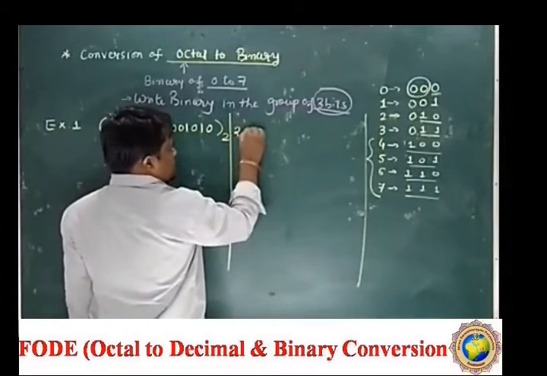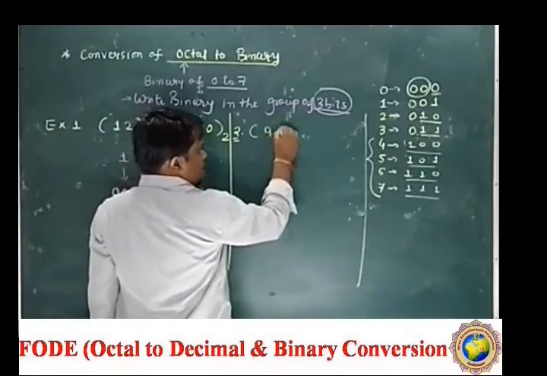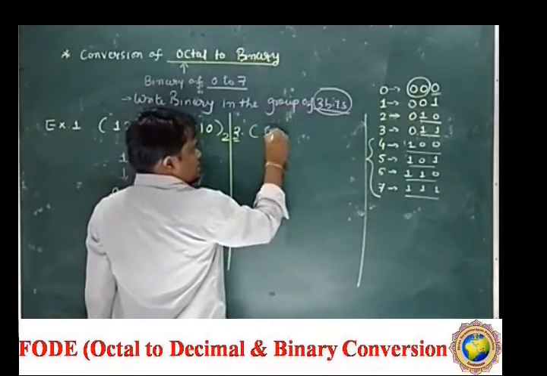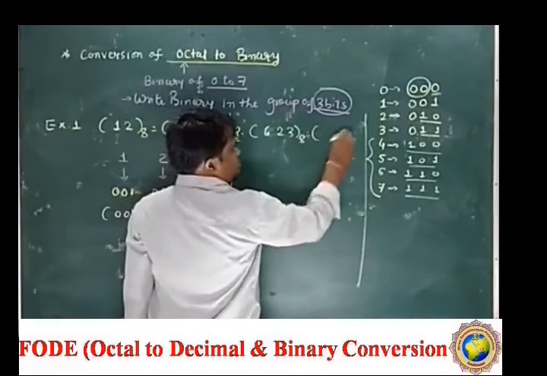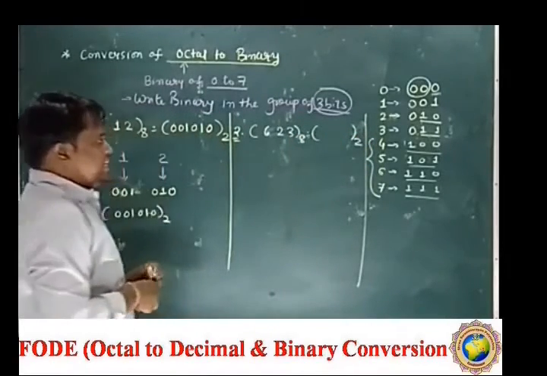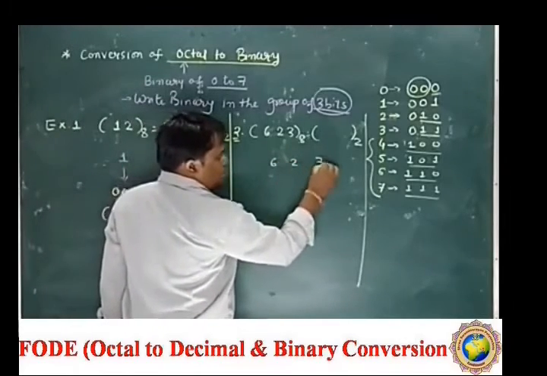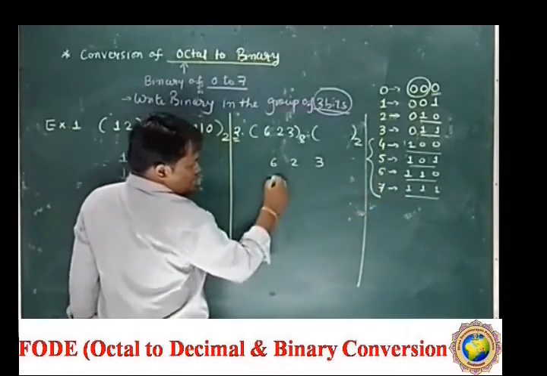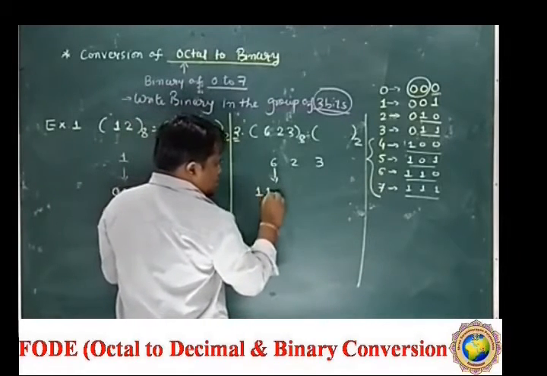Now going to example number 2. You have been given 6 2 3, and it is to be converted into binary. So put here 6 2 3. See what is the binary of 6, that is 1 1 0.